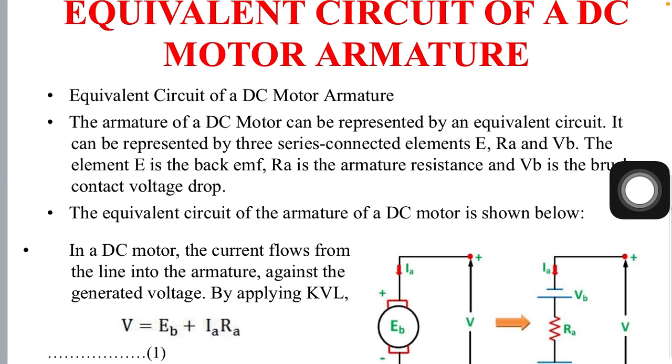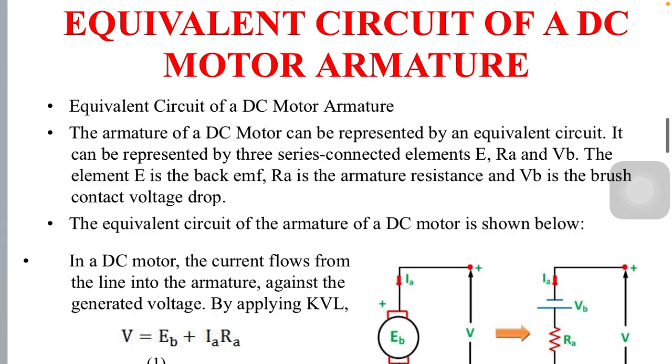The armature of the DC motor can be represented by the equivalent circuit with three series connected elements: E, RA, and VB. E is the back EMF or generated voltage, RA is the armature resistance, and VB is the brush contact voltage drop.